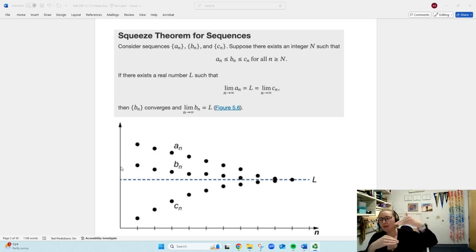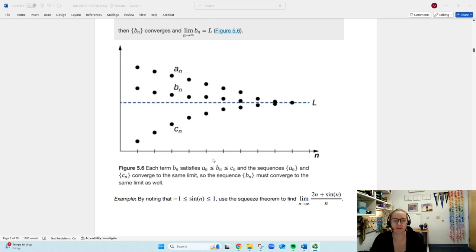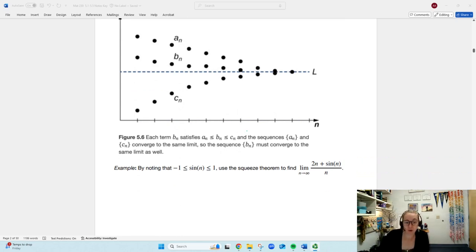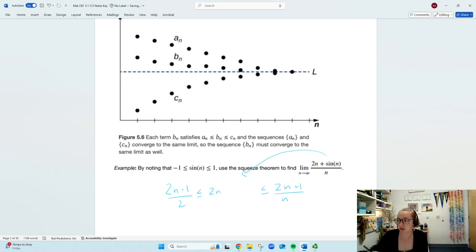Or my top and my bottom converge to one thing, so that middle is also going to converge to the same thing. For example, if I throw this in with 2n minus 1 over 2, between these two sequences, this is always going to be in between, because my sine just alternates between -1 and 1.